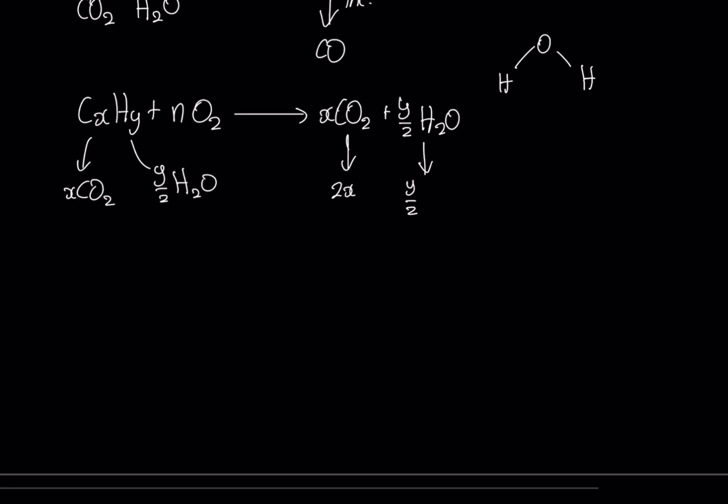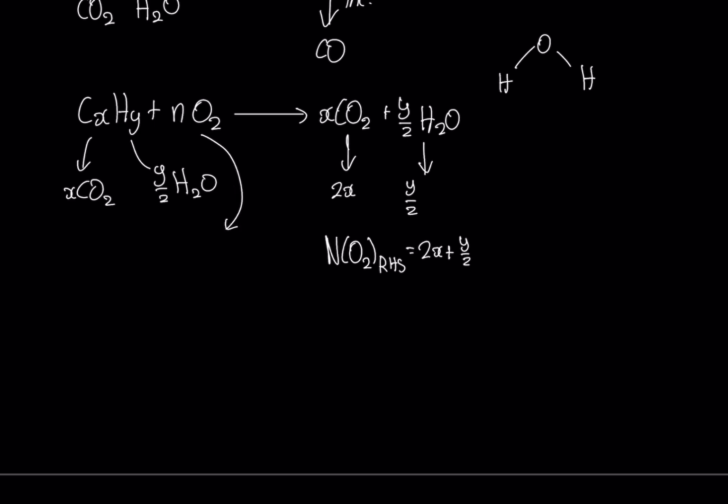So this implies that the total number of oxygen atoms on the right-hand side is just 2x plus y over 2. Now look here. This is an oxygen molecule, so it's like this, right? So that means this is just 2n oxygen atoms. So the number of oxygen atoms on the left-hand side is just 2n.